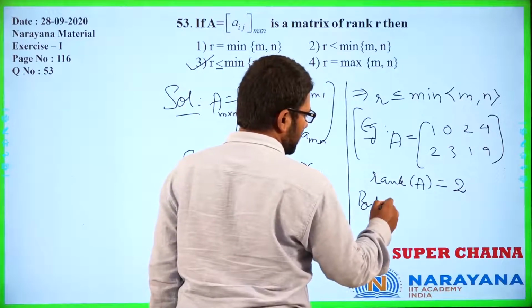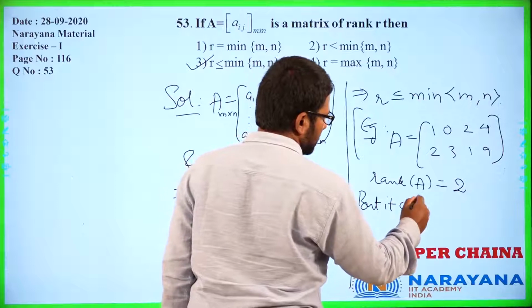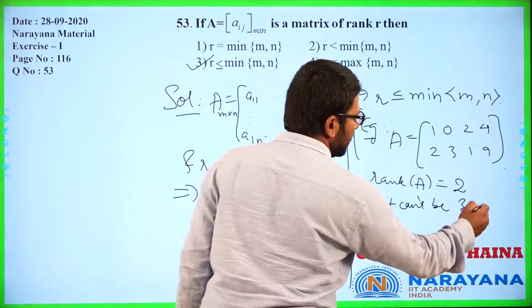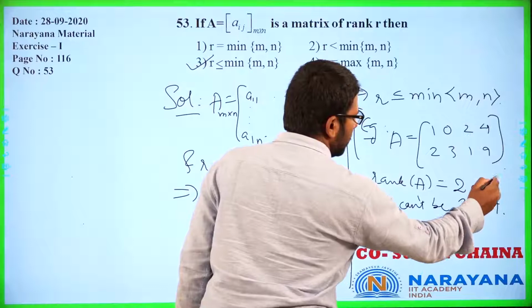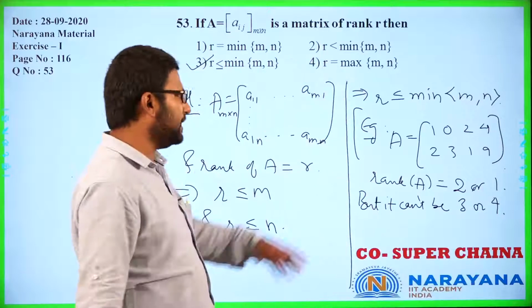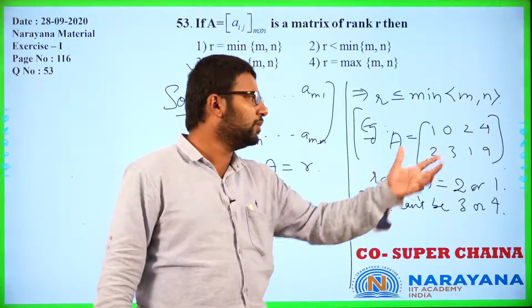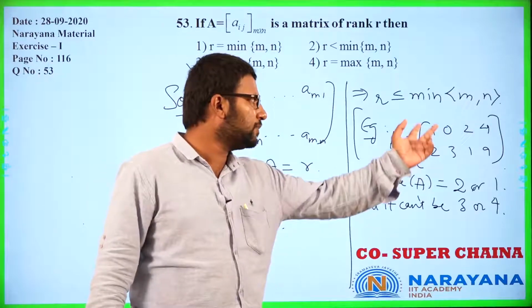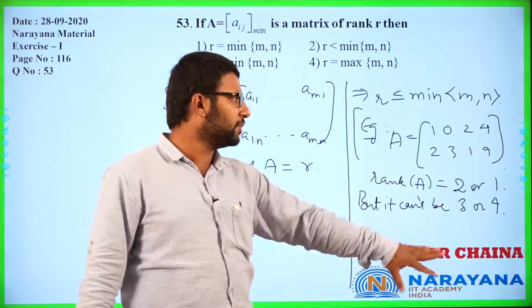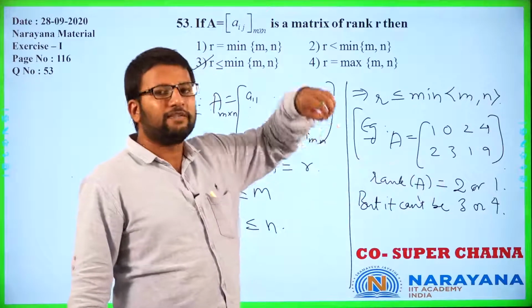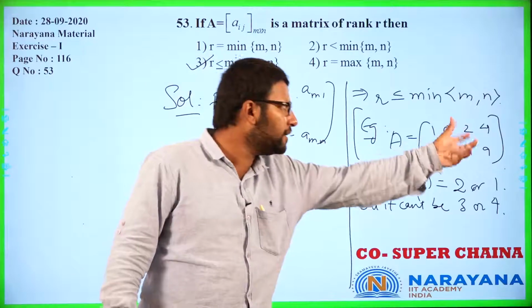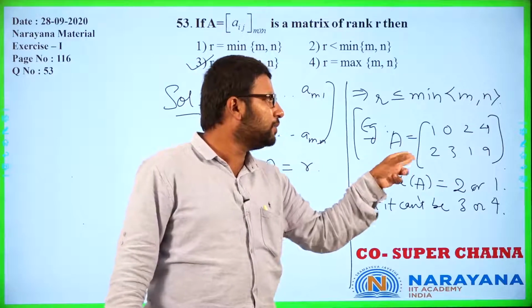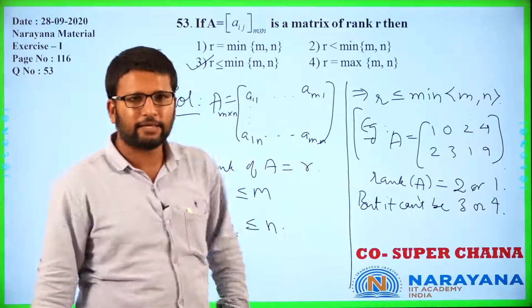But it can never be 3 or 4. I mean, here in this case, rank of A is 2, we know. But even without looking at it in too much detail, we can say rank of A can be 2 or 1, but it cannot be 3 or 4. So how do we decide 2 or 1? Whatever is the rank, it must be smaller than the smaller value between 2 by 4. Right? Okay.